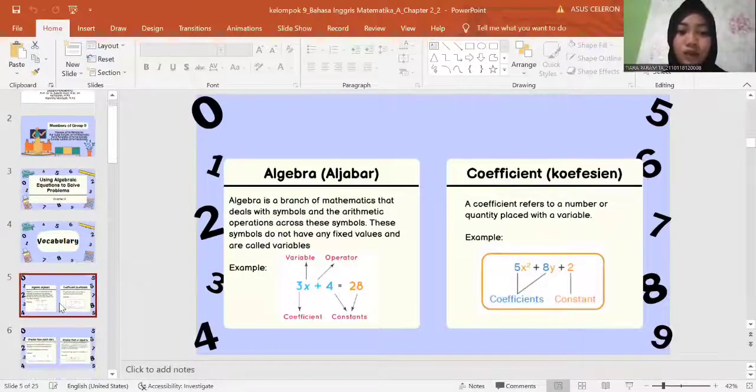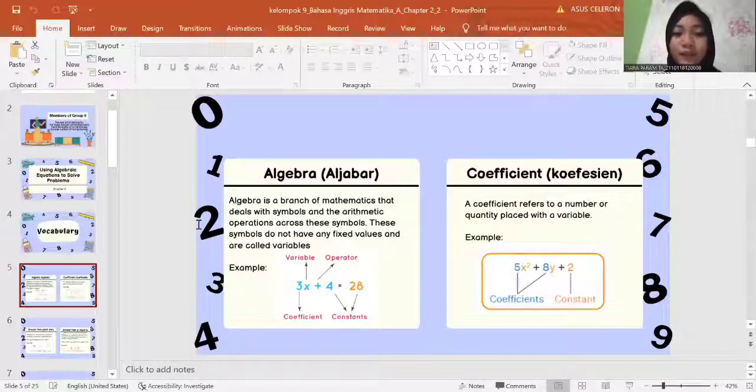First, the vocabulary is algebra. Algebra is a branch of mathematics that deals with symbols and the arithmetic operations across the symbols. The symbols do not have any fixed values and are called variables. Example, 3x plus 4 equals 28.